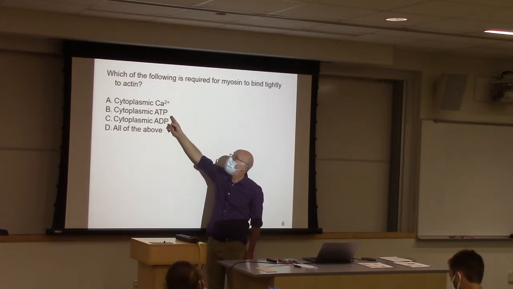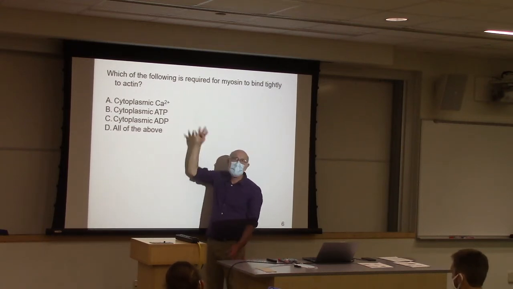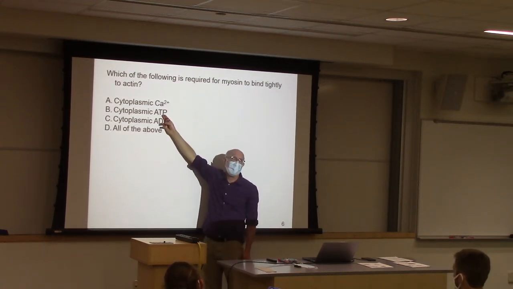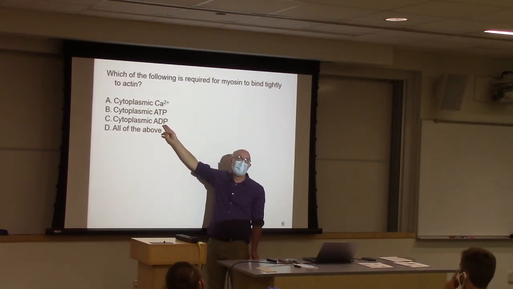So if you say, well, ATP is required to get ADP, then I sort of understand where you're coming from. But by itself, ATP is not a correct answer. It's only correct when you're thinking, okay, I need ATP to get ADP. But that's not the only way we can get ADP.